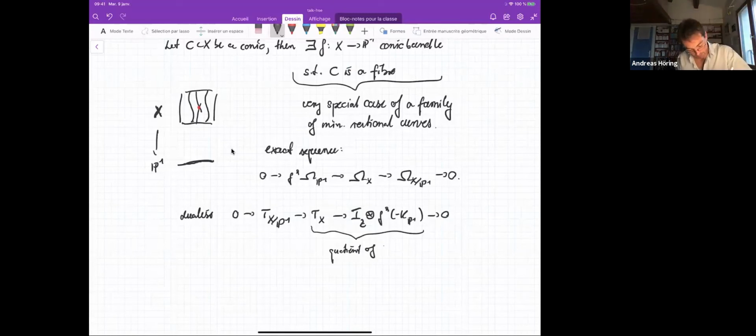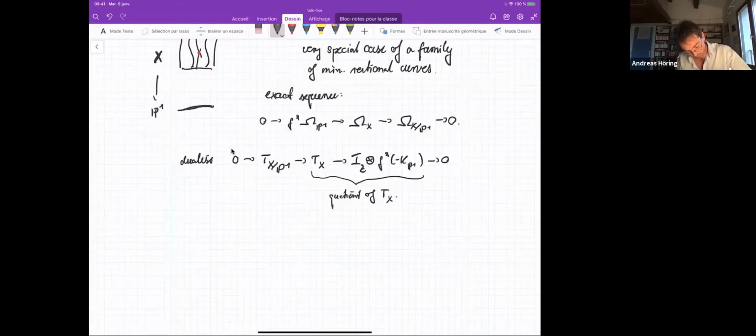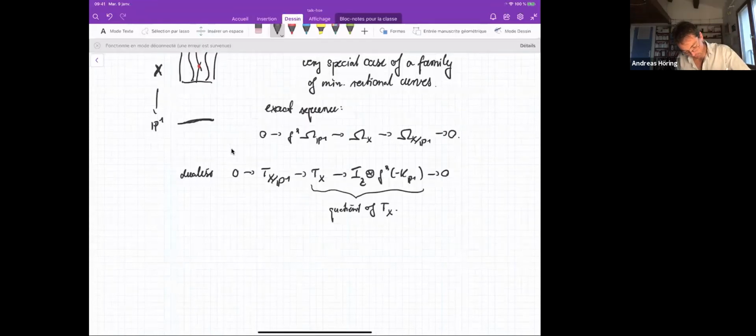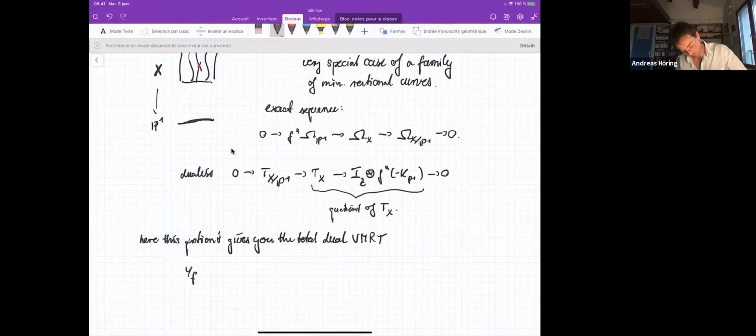So this quotient gives you the total dual VMRT, which I would call Y_F, and it's much more concrete because I just have to projectivize this sheaf.